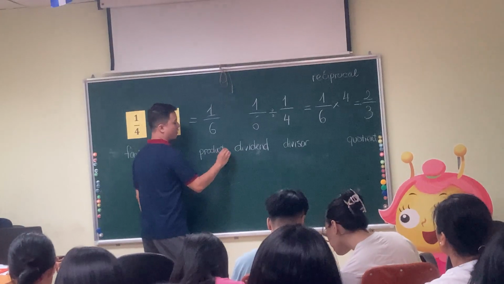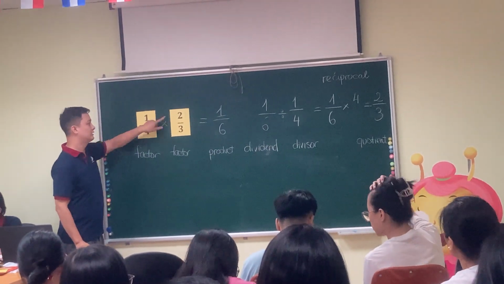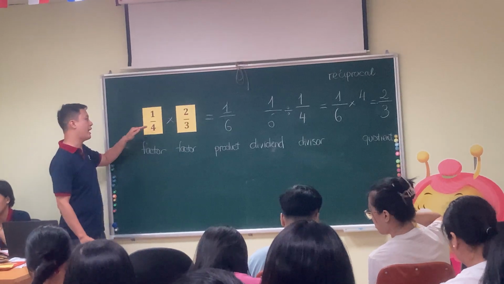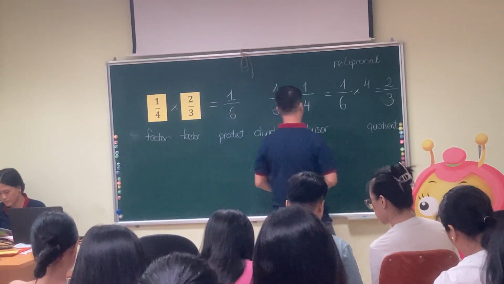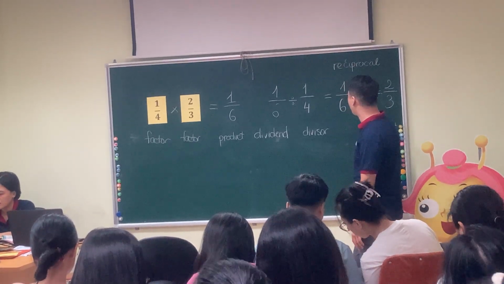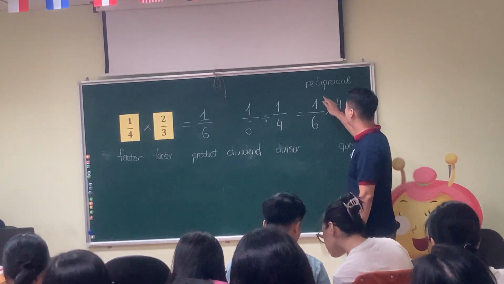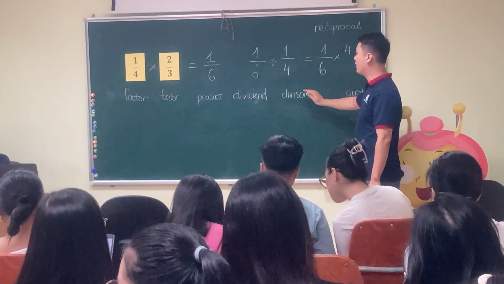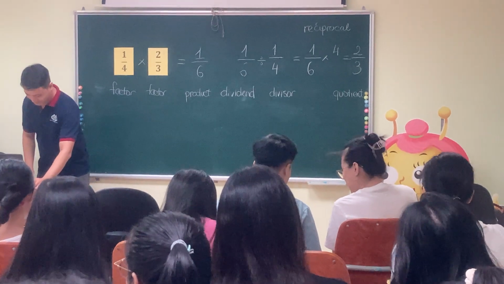So when you multiply the fractions, you multiply the numerator and denominator. And with the division, when you divide the fractions, you multiply by the reciprocal of the divisor.